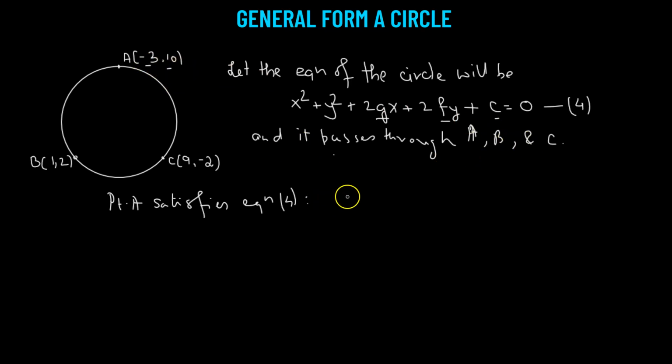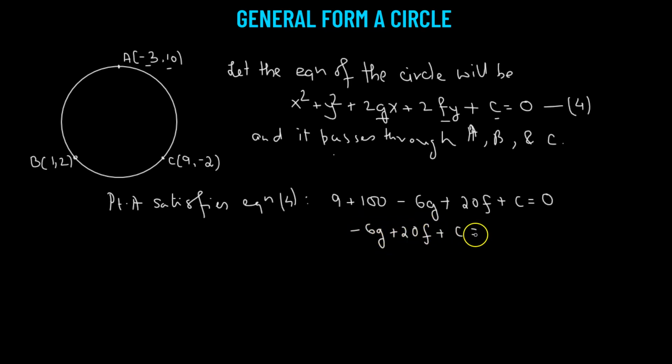So we get negative 3 squared, that's 9, plus 10 squared, that's 100, minus 6g plus 20f plus c equals 0. Rearranging the terms, we get negative 6g plus 20f plus c equals negative 109. We're going to label this as equation number 5.